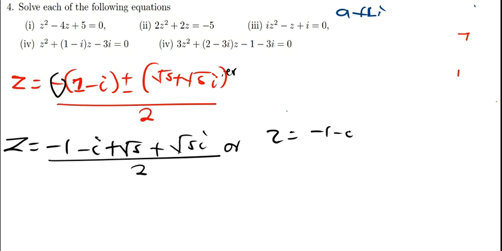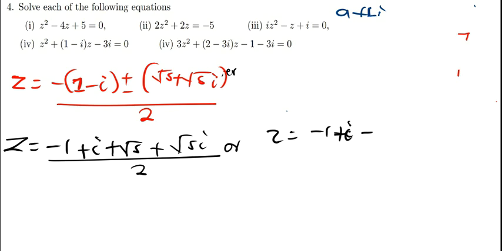This time that should be plus. Because this is negative 1, yes, but that one should be plus now. So for negative, this is going to be plus I, and then minus. That is the first part which we have.